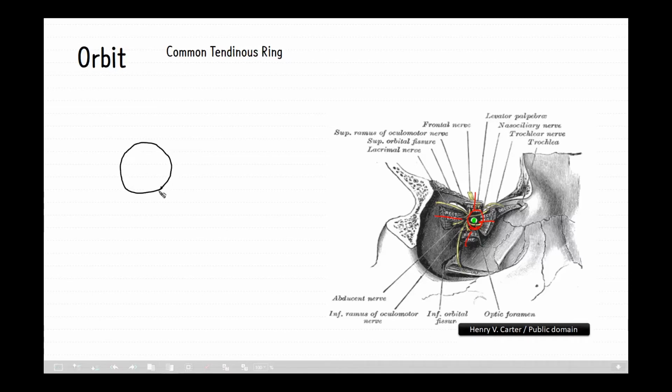This is an optic canal, and this is the superior orbital fissure, and this is the inferior orbital fissure. And I lay it down like this, and this is the left orbit.